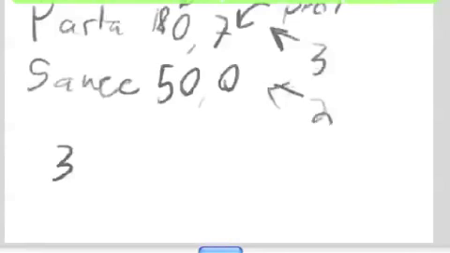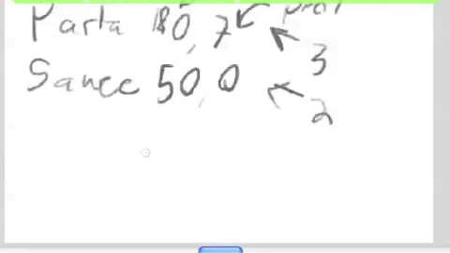Now let's take a look at what happens when we eat some reasonable amounts of this, because 1 serving of pasta is not very much. If you have 3 servings of pasta and 2 servings of sauce, you have 3 of this and 2 of this. 3 times 180 is 540 calories.